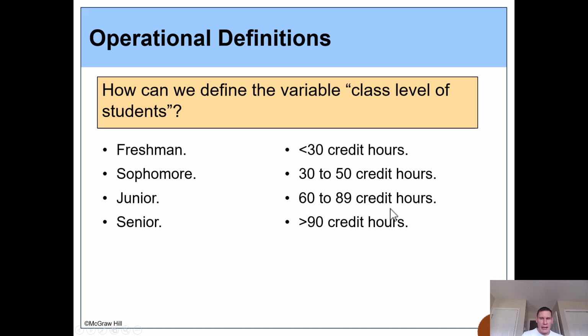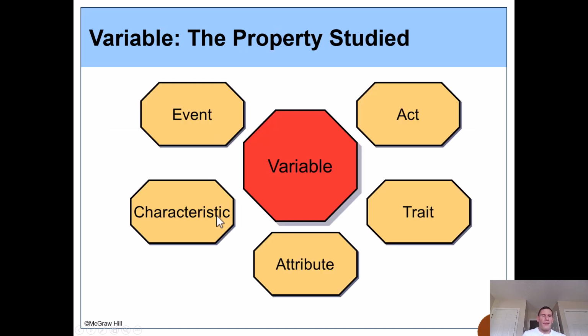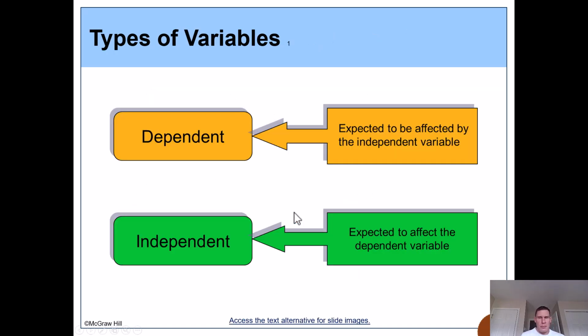If you're between 60 to 89 credit hours, then you would be a junior, for example. Now, the variable, the property studied, could be an event, a trait, an act, an attribute, or a characteristic. Really think of anything that varies as having the potential to be studied.